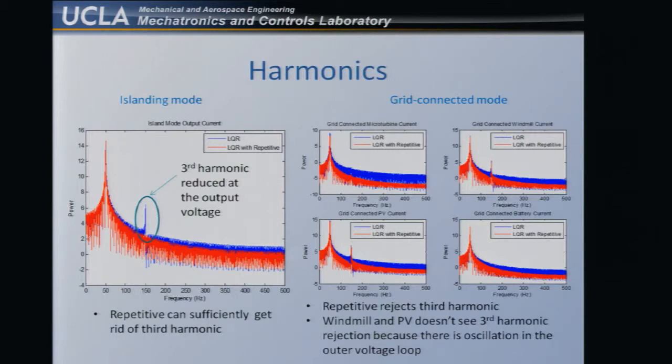This is because, if you remember, we had that outer loop voltage generator, and that outer loop was PI control. It was not clean, and that outer loop did not generate a pure sine wave. It has this third harmonic that it asks repetitive control to track, and that's why. So a solution would be to also do repetitive control on that outer loop. We didn't do that part.